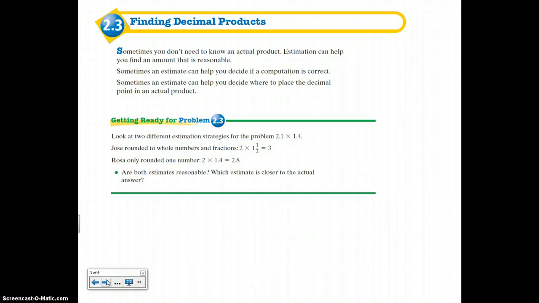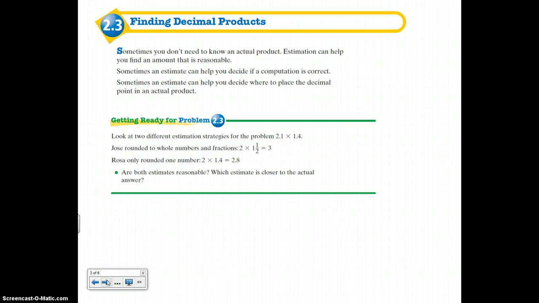So here are some strategies they give you. Look at these two different estimation strategies for 2.1 times 1.4. So 2 1/10 times 1 4/10. Jose rounded to whole numbers and fractions. He did 2 times 1 1/2, which would be 3. And Rosa only rounded one number. She said 2 times 1.4 is 2.8. So she did 14 times 2 is 28 and put the decimal in.